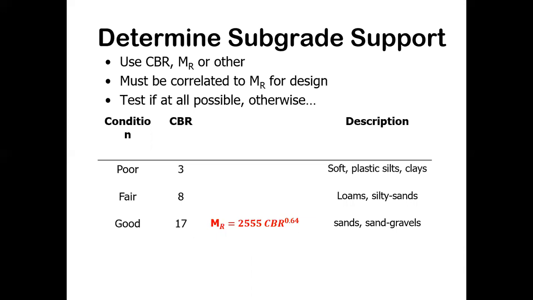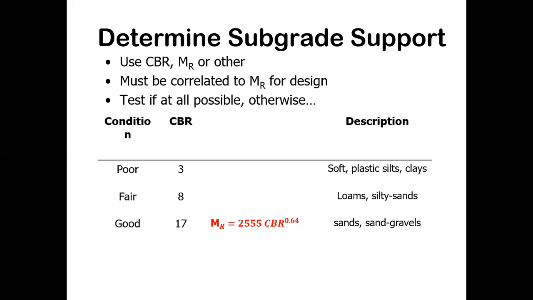Now, as for subgrade support, we always use the CBR, resilient modulus, or if you are doing this for a rigid pavement, you can take the modulus of subgrade reaction. The Asphalt Institute method takes the input of soil subgrade in terms of resilient modulus.